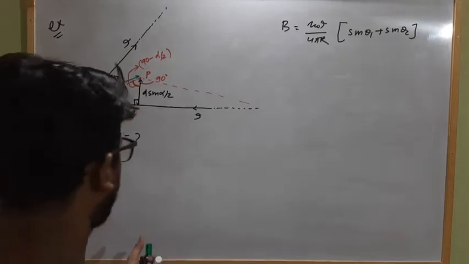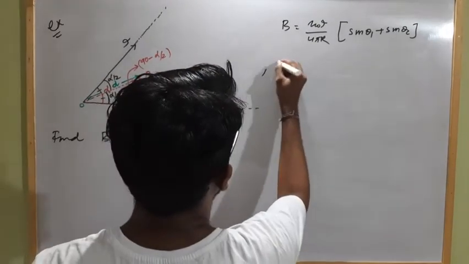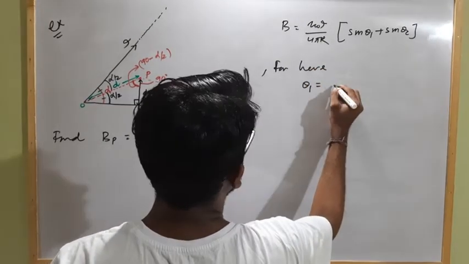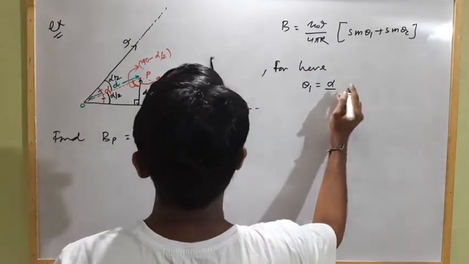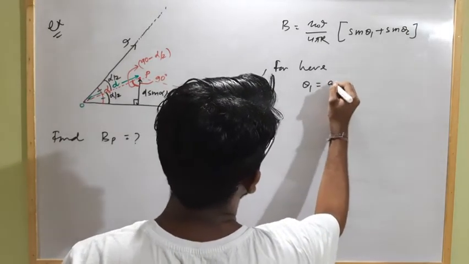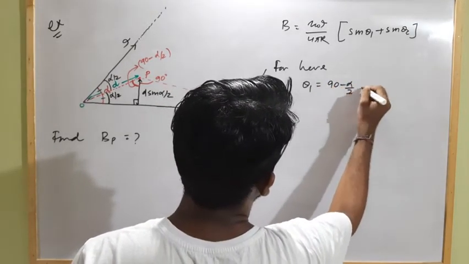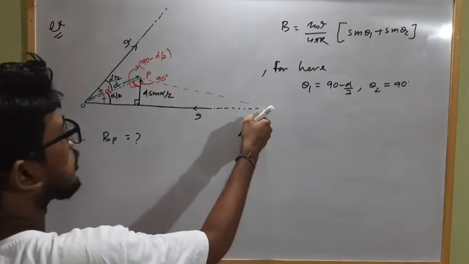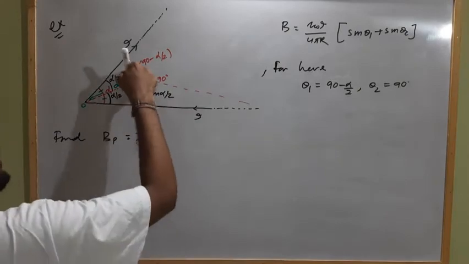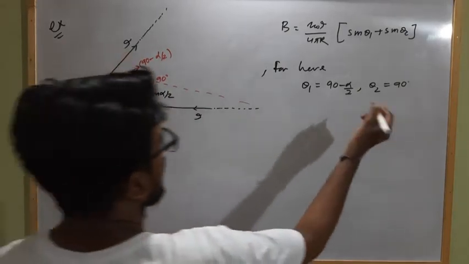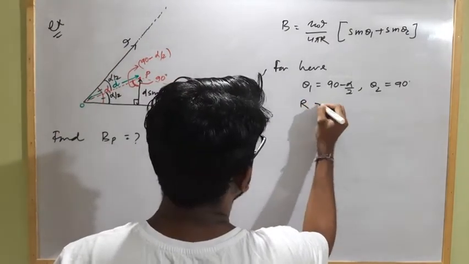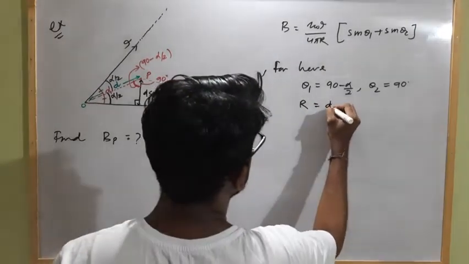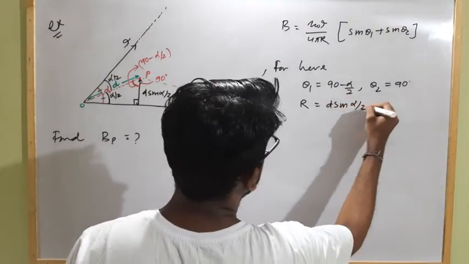So for here theta 1 will be taken as 90 minus alpha by 2, and theta 2 will be taken as 90 as this end extends up to infinity. Similarly, this case will be the same as this one. And r will be how much? The perpendicular distance. This is D. This will be D sin alpha by 2.